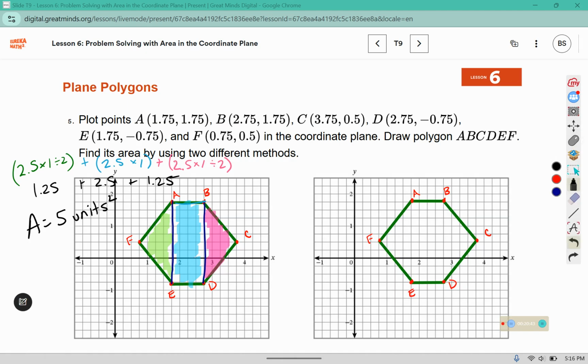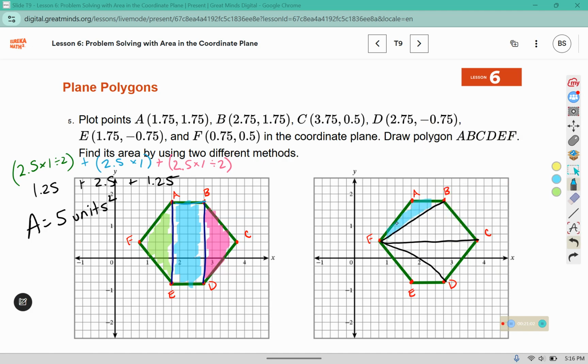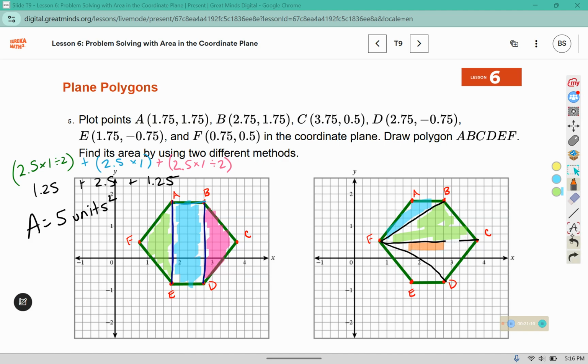Another strategy you might try is cutting this shape into multiple triangles. All right, let's start with this pink triangle.